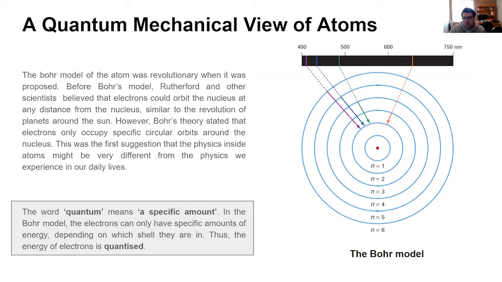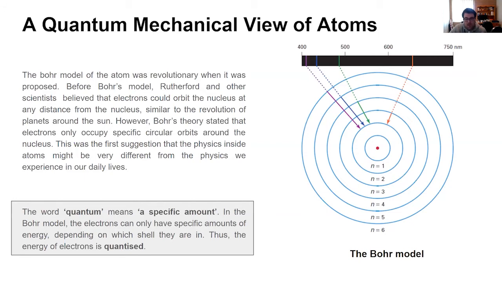But this also introduced another important concept: the idea that these electrons are sitting at very, very specific energy levels. That's where quantum comes from, because quantum is a play on the word quantity.